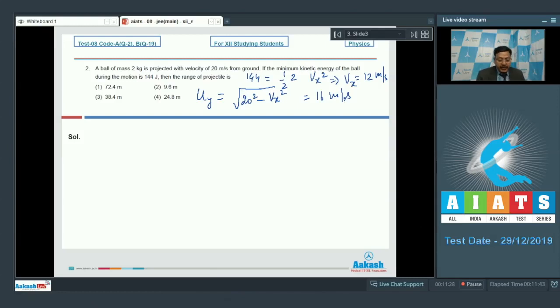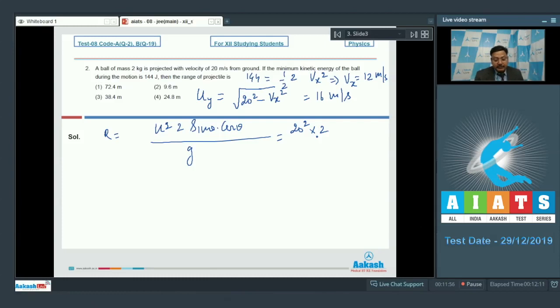That is uy. And to find the range, we can write range as u square 2 sine theta cos theta, where theta is the angle of projection with horizontal, by g. In this case, u square will be 20 square, 2 is 2.